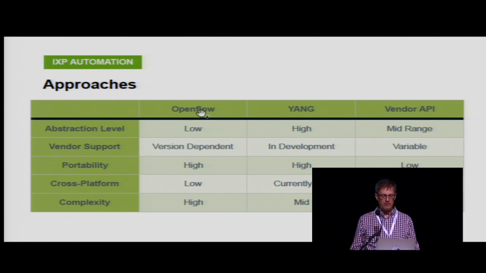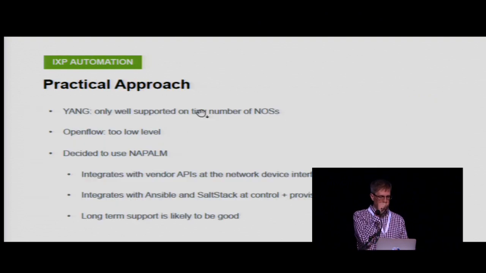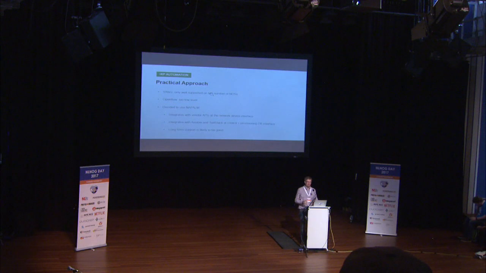Which kind of left vendor APIs, which are a mixed bag. They have good points and bad points. But one of the very good points about them is that the relative level of complexity from the user interface point of view is actually quite low, which can actually reduce costs. So that's what we figured we would do.